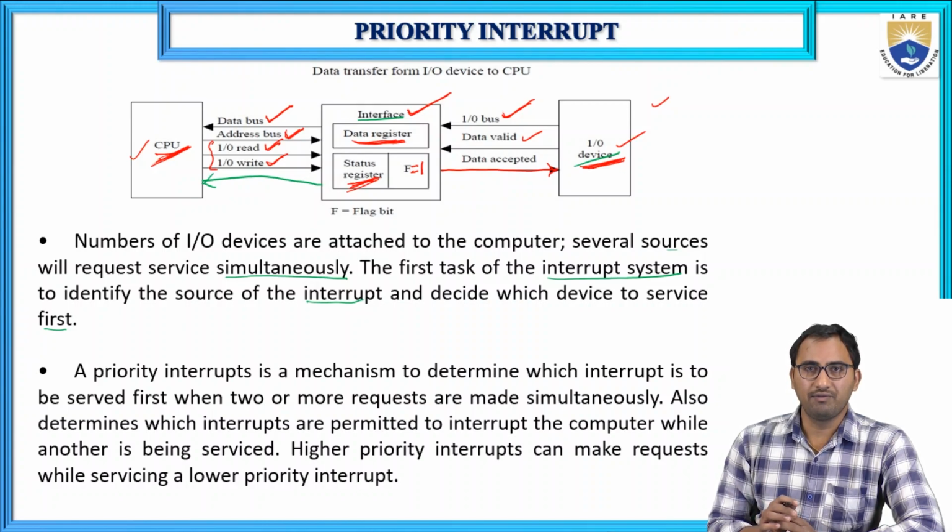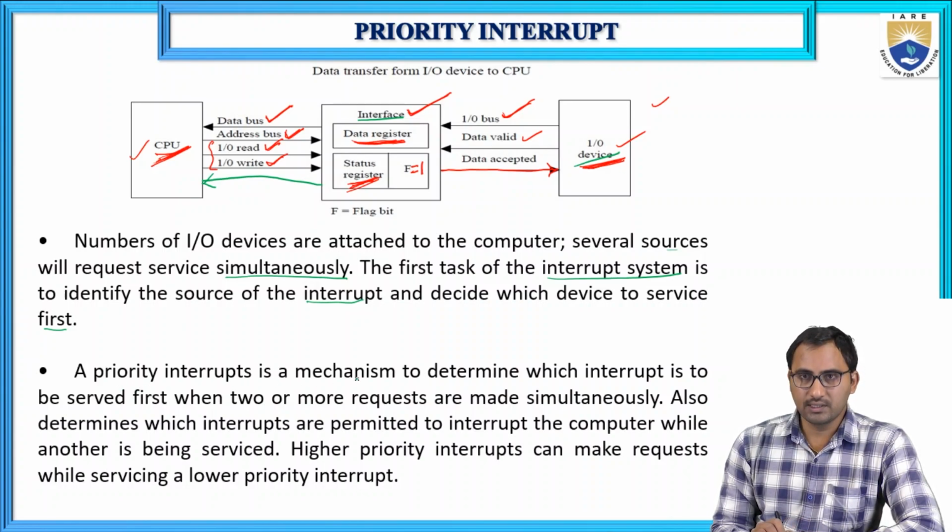After that, it has to determine which interrupt has to be serviced first. Always the interrupt with the highest priority will be serviced first, then the lower priorities. Like that, all the interrupts will be serviced in an interrupt system.